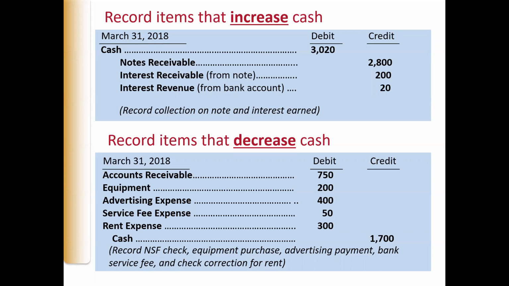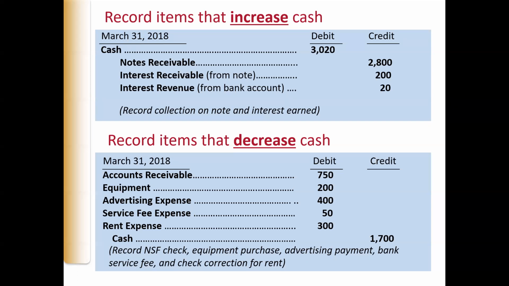So we debit our receivable. For items we purchased, we debit equipment. We debit our advertising expense, our service fee expense. And since our rent expense check was short $300, we will debit that rent expense to increase that.